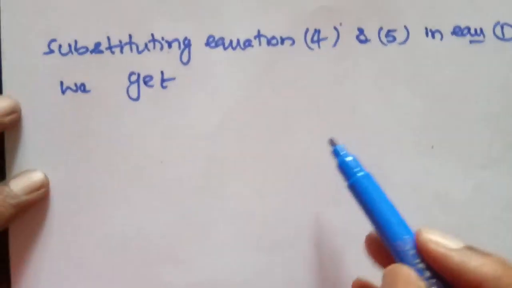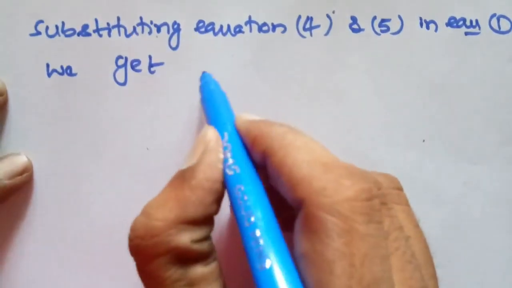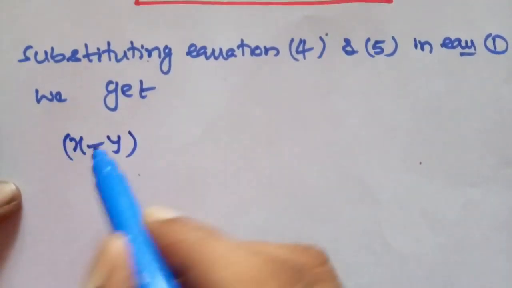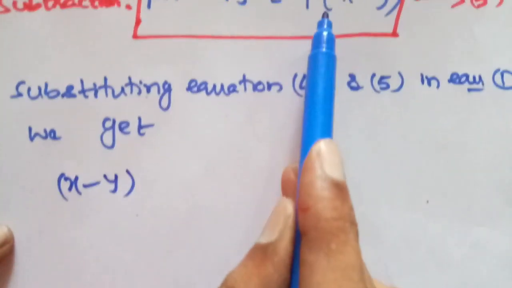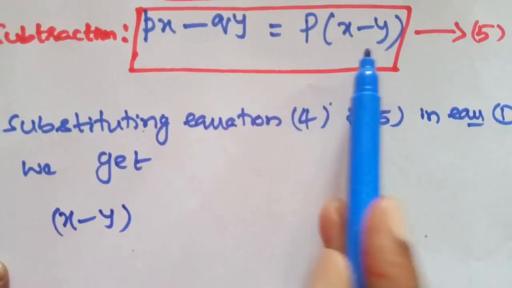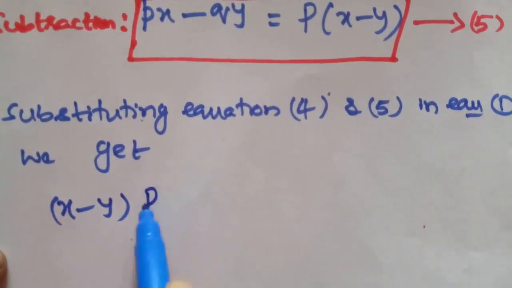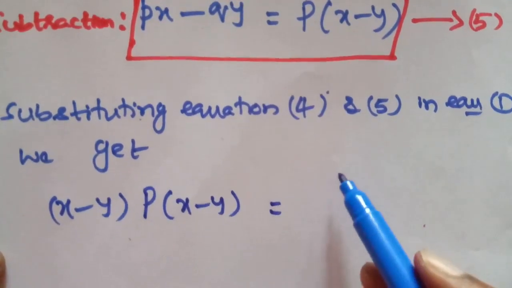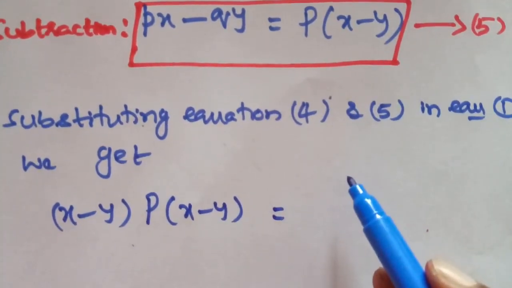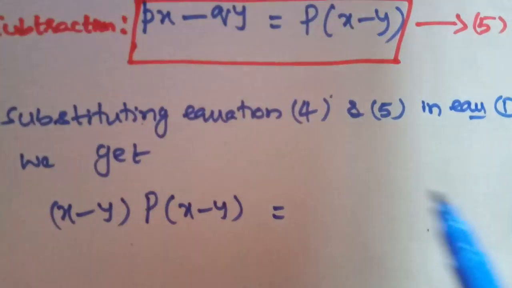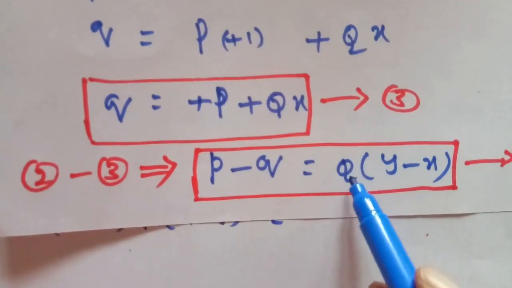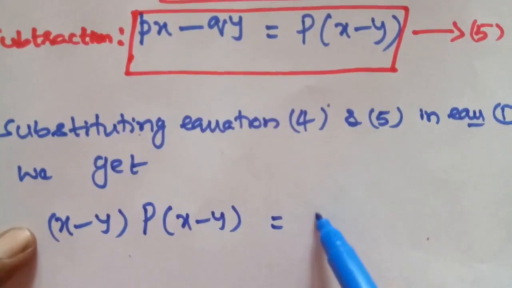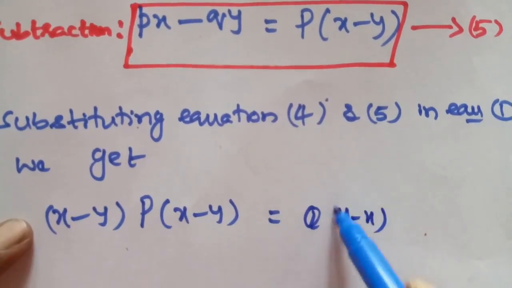Now x minus y into px minus qy value, p into x minus y, is equal to right hand side p minus q whole square. Now p minus q value is q into y minus x whole square.